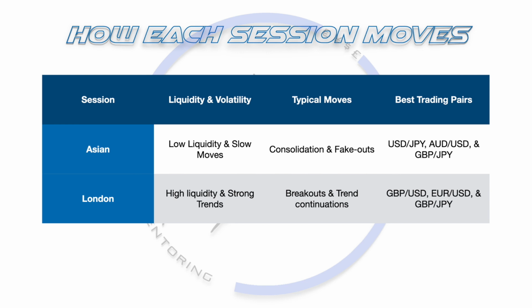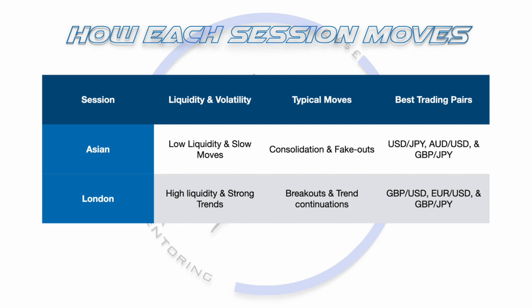Volatility increases as institutional traders enter the market. The typical moves you're going to find in the London session are breakouts. The market often breaks out of the Asian session range. And then we're talking about trend continuations. If a strong trend forms in London, it often carries into the New York session.